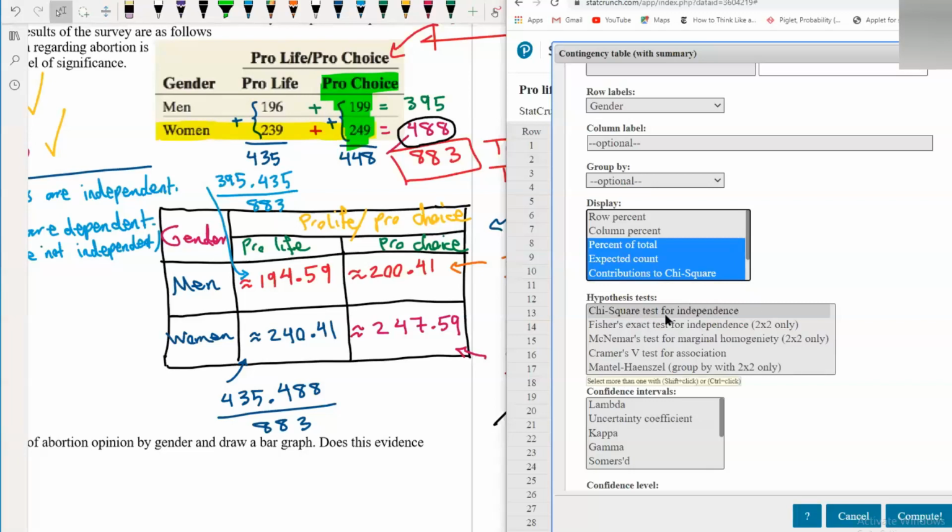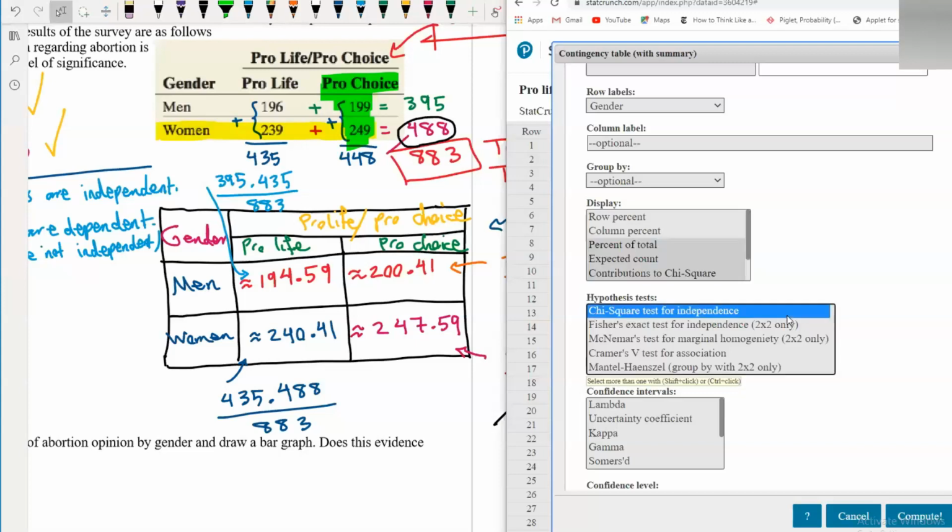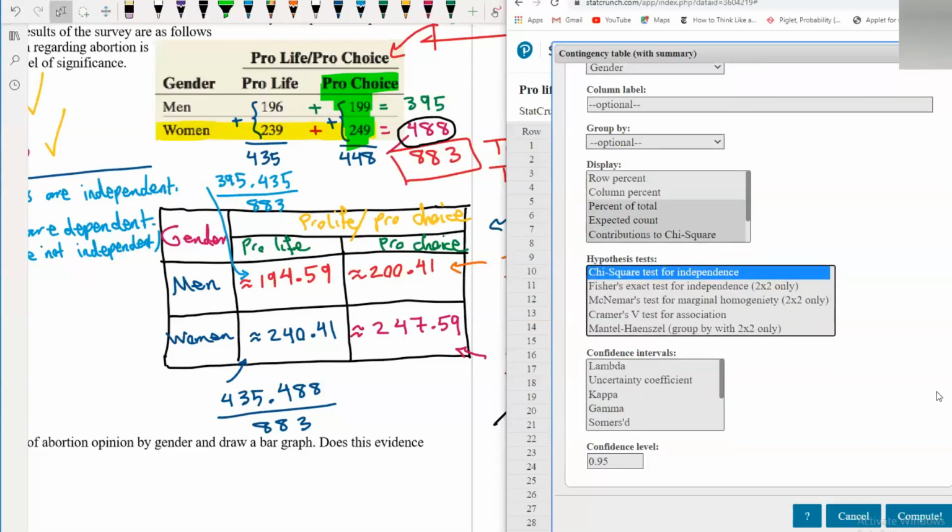Hypothesis test is chi-square test for independence. So the first one. And we don't need the support, confidence intervals. Here, confidence level is based on what alpha is. Alpha was 10%, so confidence level is 1 minus alpha, which is 90%. Compute.